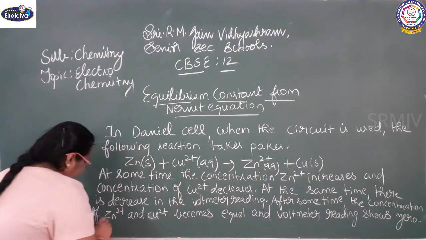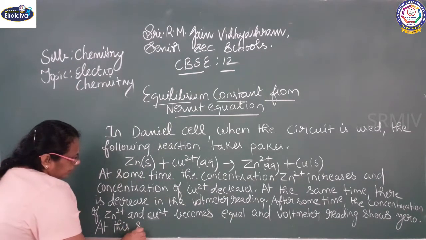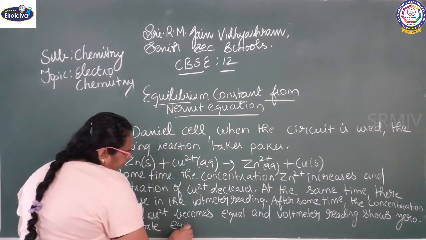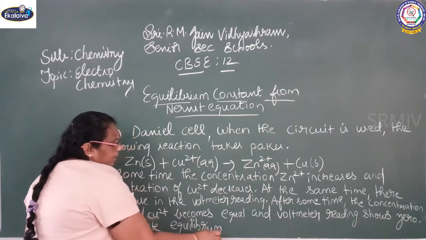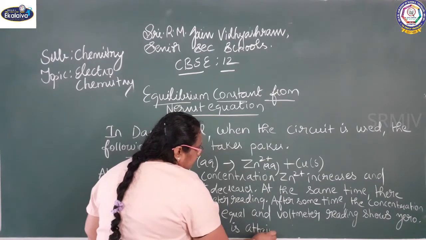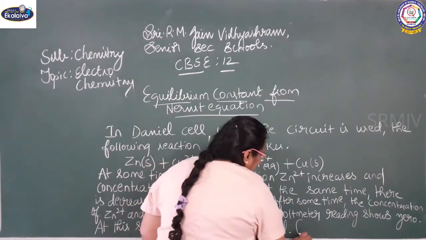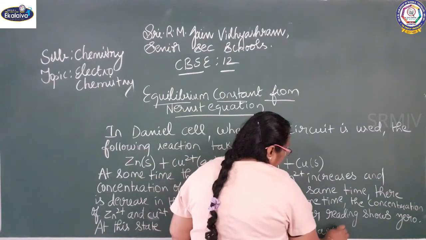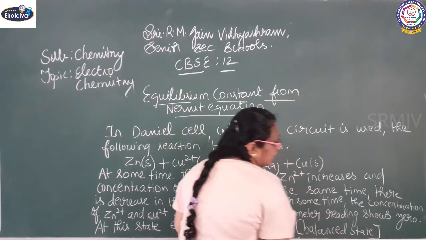At this stage, equilibrium is attained. What is equilibrium? Balanced state. Equilibrium is attained.